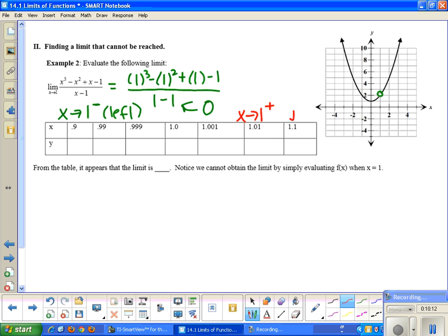That's where we get these values: 1.1, 1.01, 1.001, and over here for the left side, 0.9, 0.99, 0.999. So as we go along this graph, where are we going for the left side? And as we come to this point, what is happening to our y values as we come from the right side of our graph? Because we have 0 in our denominator, we couldn't plug it in, so that's why we use our graphing calculator.